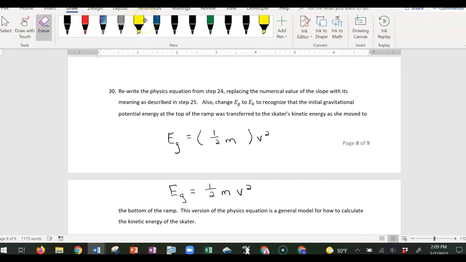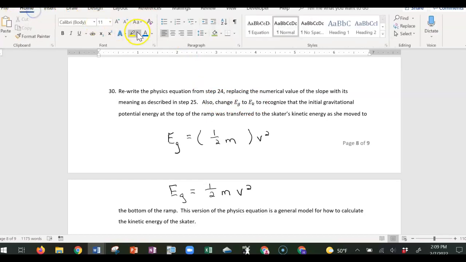Okay, it says change the gravitational potential energy to kinetic energy to recognize that the initial gravitational energy at the top of the ramp was transferred to the skater's kinetic energy.